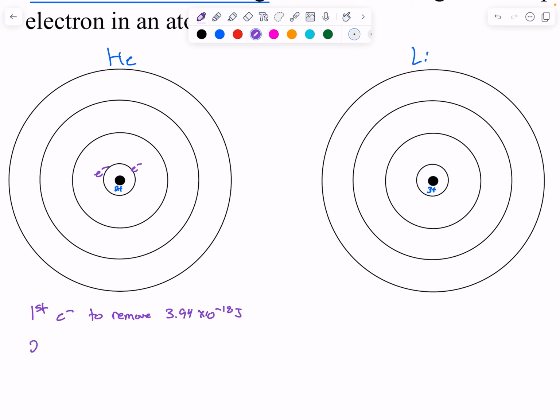The second electron to remove is 8.72 times 10 to the negative 18 joules. Well, that's more. That's bigger. So this is less and this is more. And the reason is this is not screened. The second electron is not screened.